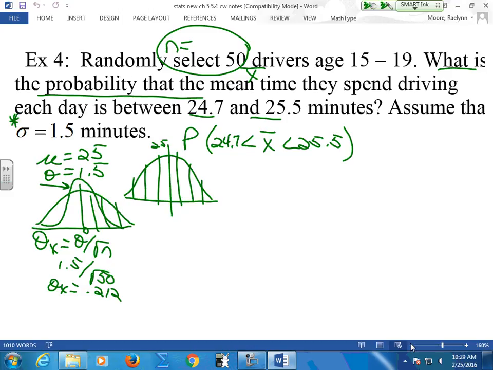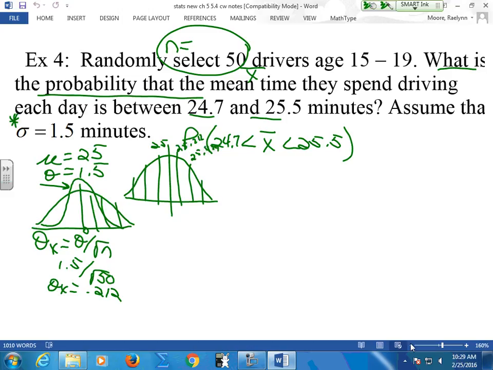So if you add 0.212 each time, what did we get there? So you're not really moving by much. 25.212, you can make it 2 decimals, whatever you want to make it. 0.424 and keep on going.